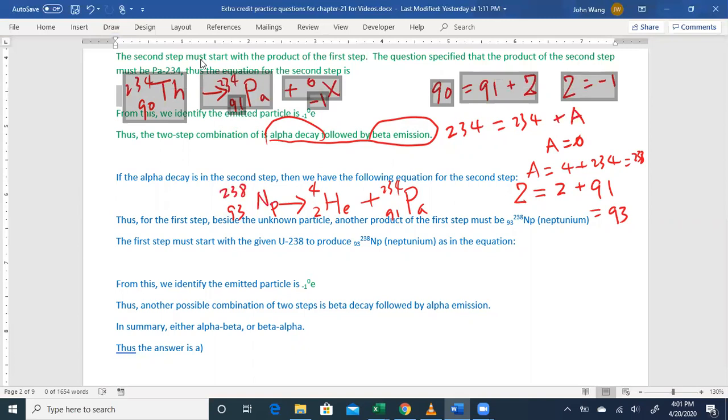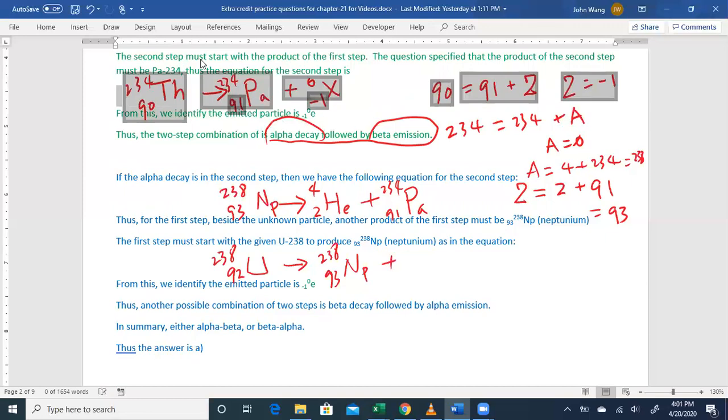Okay, so now we have this starting nucleus in the second step, and it must be produced from the first step. Therefore, one of the products in the first step will be Np 93, 238. And we know from the given problem that the starting nucleus in the first step is uranium 238, so uranium 92, 238.